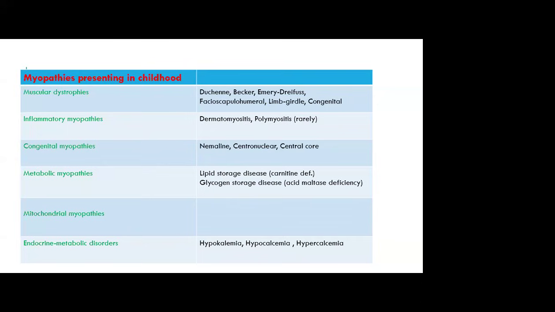The inflammatory myopathies, dermatomyositis is common, whereas polymyositis rarely can present during childhood also. The congenital myopathies, we have nemaline, centronuclear and central core. Metabolic myopathies, lipid storage disorders like carnitine, and again glycogen storage, acid maltase deficiency. Then mitochondrial myopathies and the endocrine metabolic disorders are hypokalemia, hypercalcemia, and hypocalcemia.